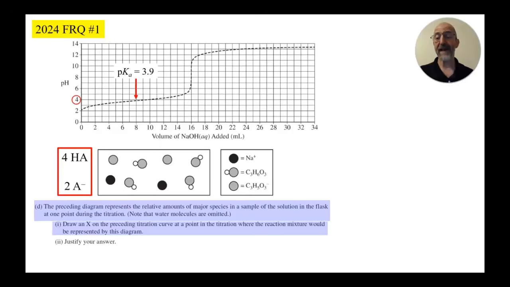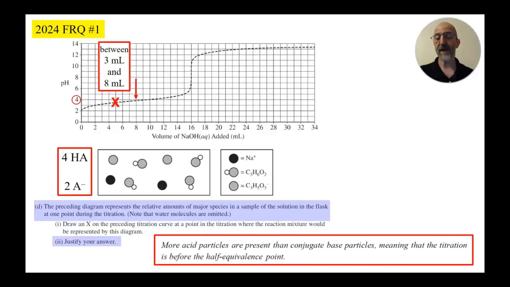Looks like there's more HA than A minus, so we should be before the half equivalence point, and I put my X right about there. Again, there'd be a range of acceptable values for that. It does say justify your answer, so they accepted somewhere between 3 milliliters and 8 milliliters on the 2024 AP Chemistry exam.